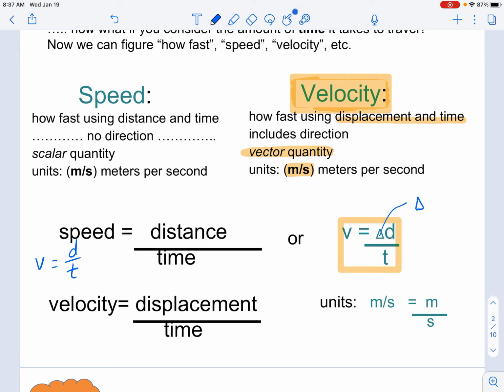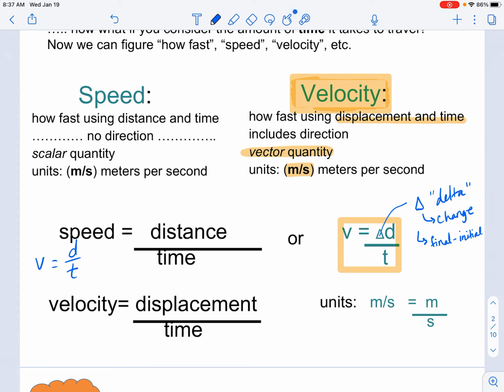So let's just review. This delta means change, and anytime we are going to calculate the change in a variable, we will be finding the difference by taking the final value of that variable minus the initial value of that variable. So for our in-class purposes, I am not going to be writing two formulas on the board for you.